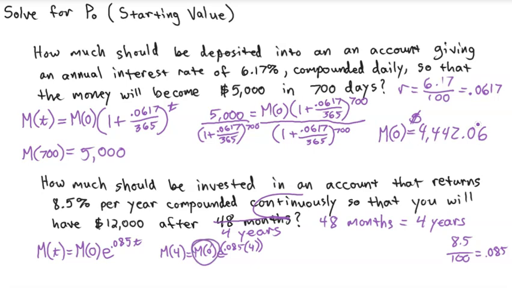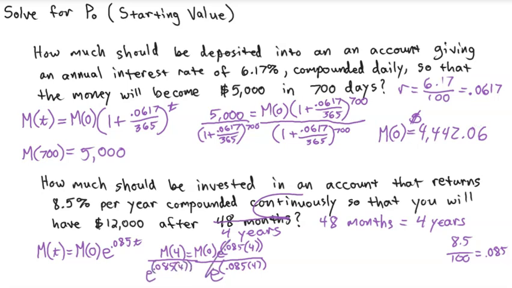Now to solve for M0, we're going to do the same thing we did in the last one. We're going to divide. We're going to cancel this e. So we're going to divide by e to the power of 0.085 times 4. And we're going to do the same thing on this side. We're going to divide by e to the power of 0.085 times 4.